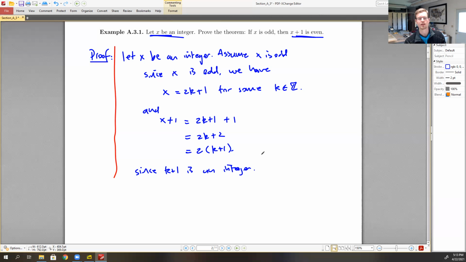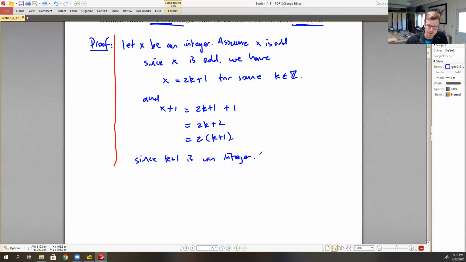No. So you have to recognize that it is important that k plus 1 is an integer. Excellent. So since k plus 1 is an integer, x plus 1 is even, because x plus 1 is written as 2 times an integer. Excellent.